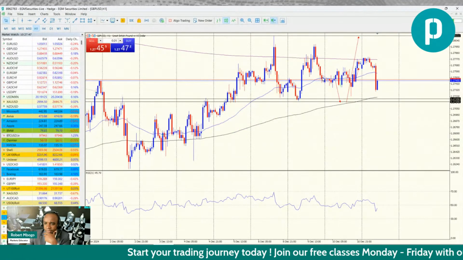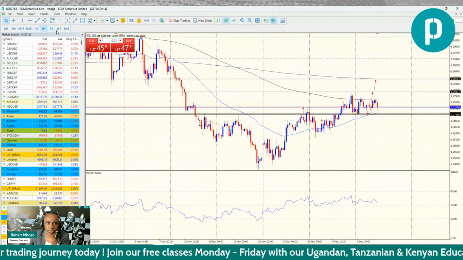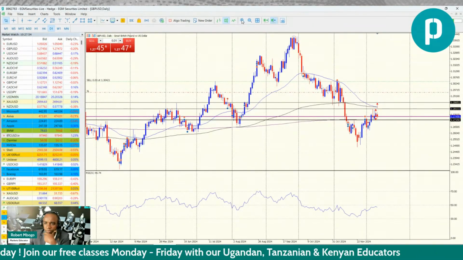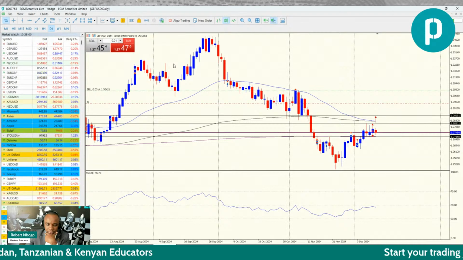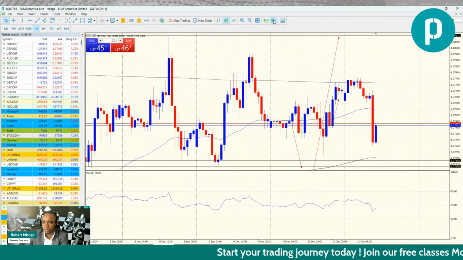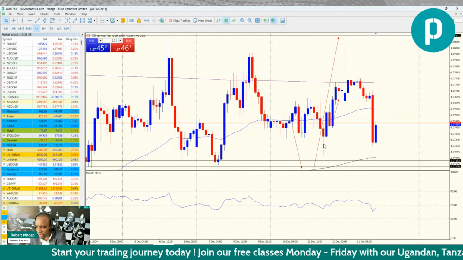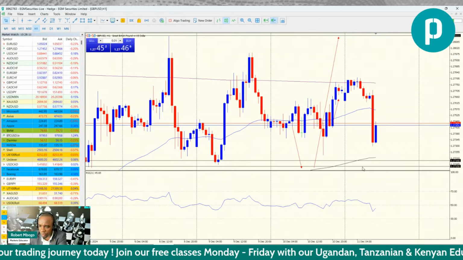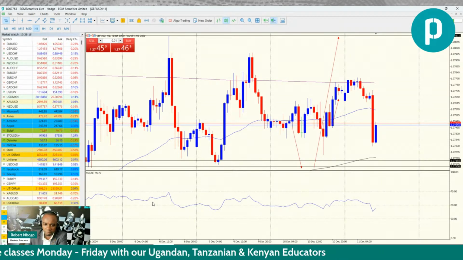So I'll still maintain that analysis for now, that we could see a possibility of GU coming down to those particular areas before buyers step in. So this analysis for me remains that way. I would want to see how GU reacts to these lows as of yesterday. And from there, maybe we could see some bullish push.